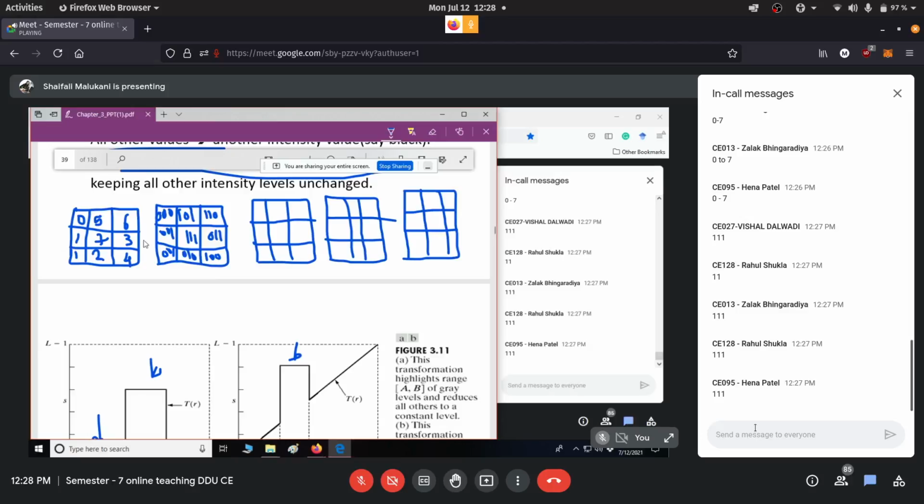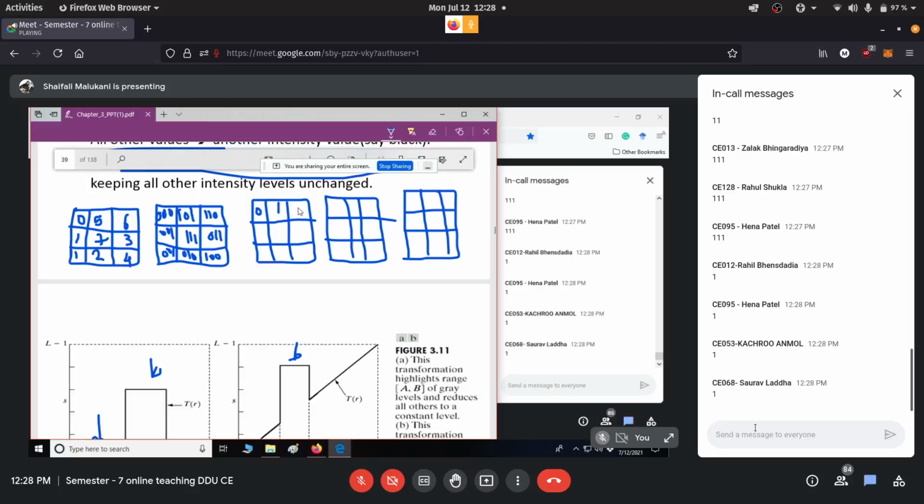So suppose I am extracting MSBs from all the pixels. How will it look? This will be 0. What will be the value of this? If I am extracting MSBs of all the pixels, that means I will take the most significant bit of this pixel value. What will be this value here? 1.